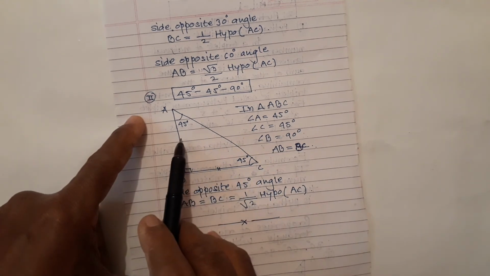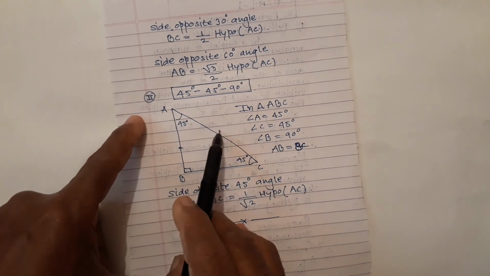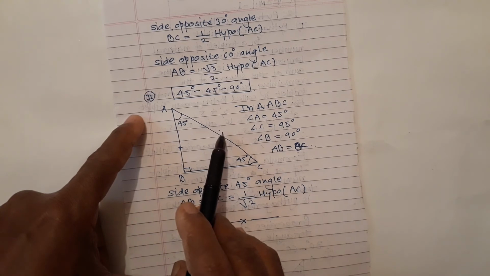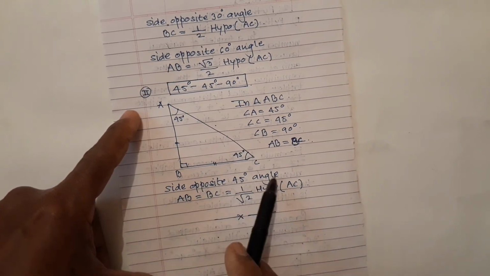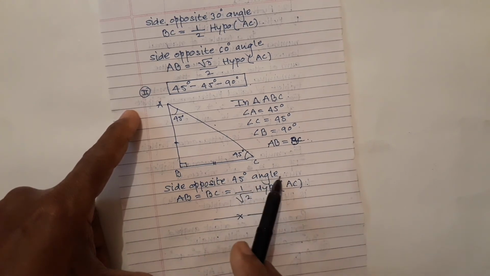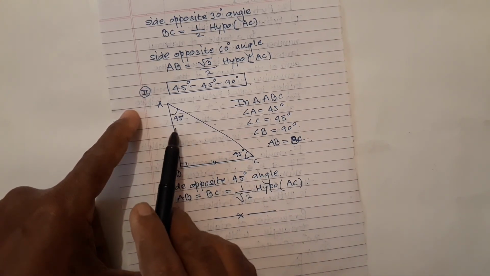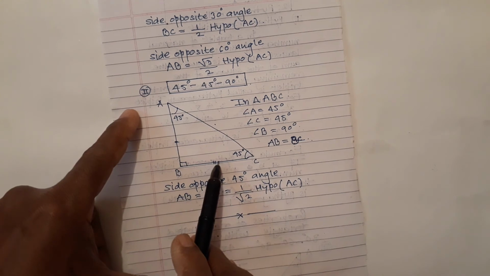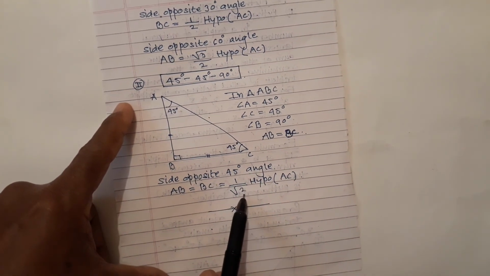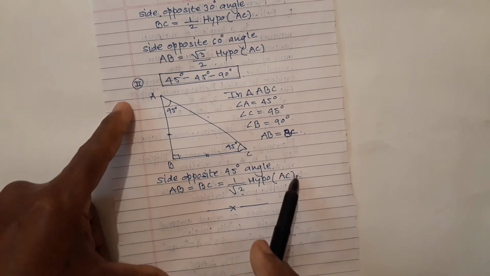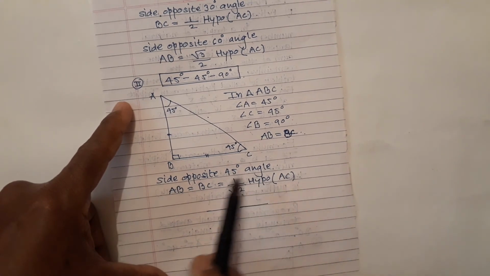There is a relation between these sides and the hypotenuse. The side opposite to the 45 degree angle, that is AB equal to BC, is equal to 1 upon root 2 into hypotenuse AC.